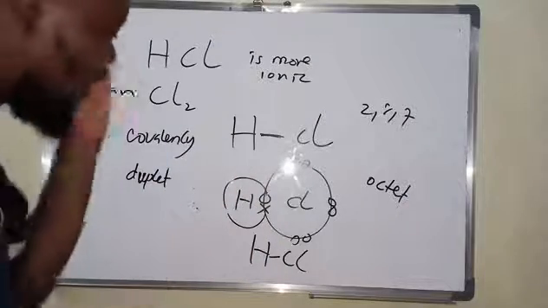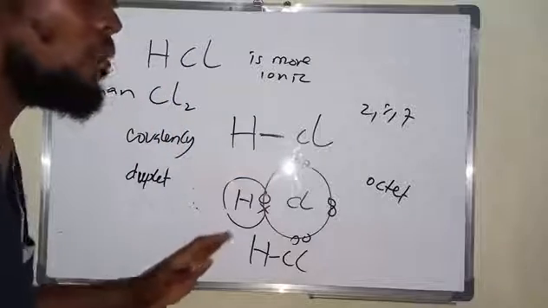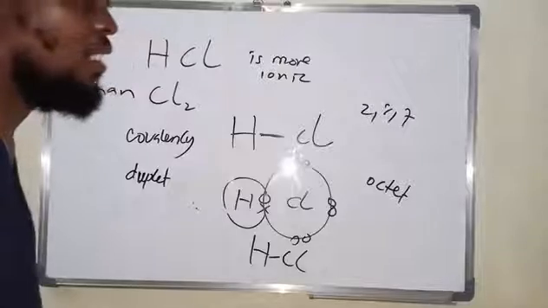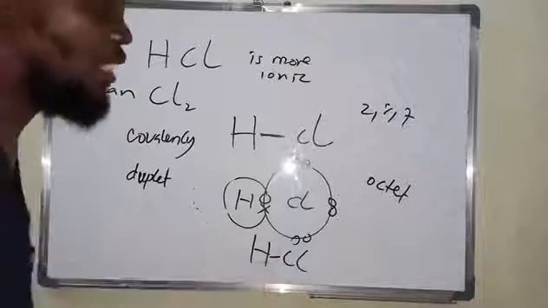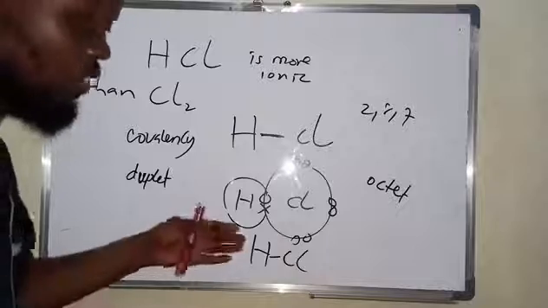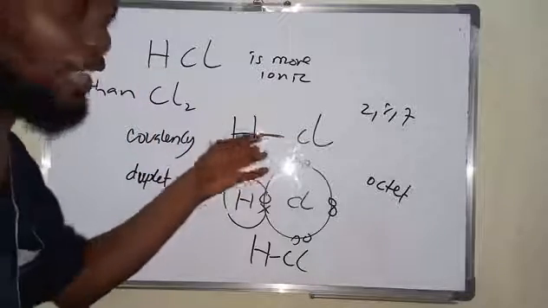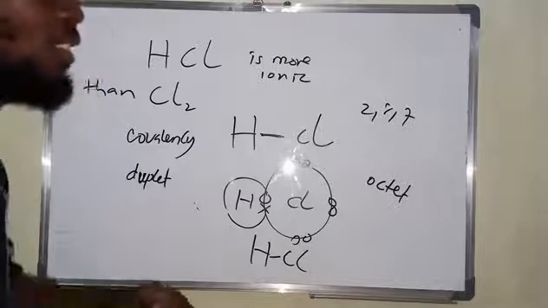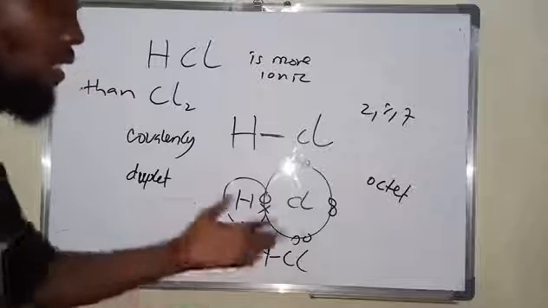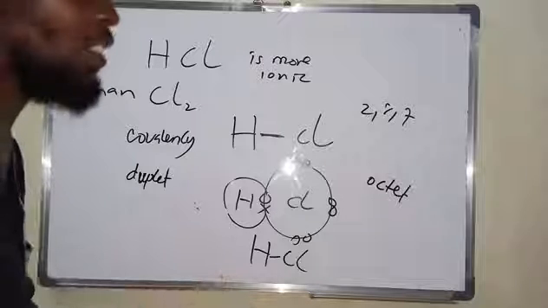So what normally makes a compound formed by covalency non-polar, non-ionic? The component should not carry any charge. But if the electronegativity of the two atoms is wide, if the electronegativity difference is very wide, then they are going to tend to be ionic, even if it is partially ionic.